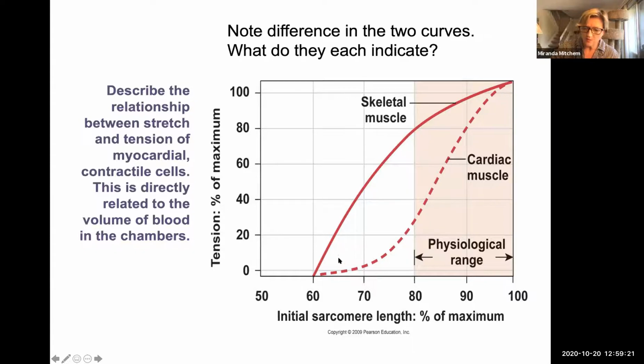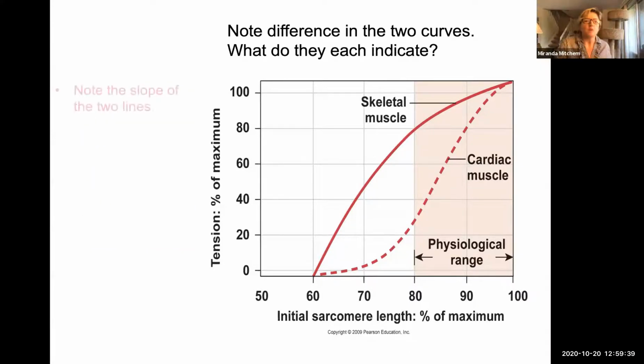So most of the tension is associated with the physiological range in the cardiac muscle. That's not true in skeletal muscle. So we do have a relationship here between the stretch and the length of those sarcomeres.